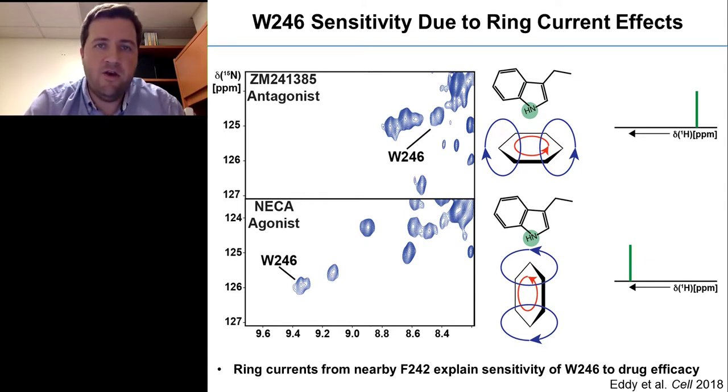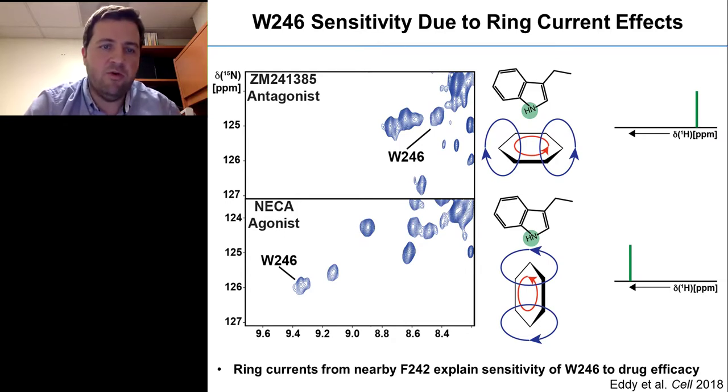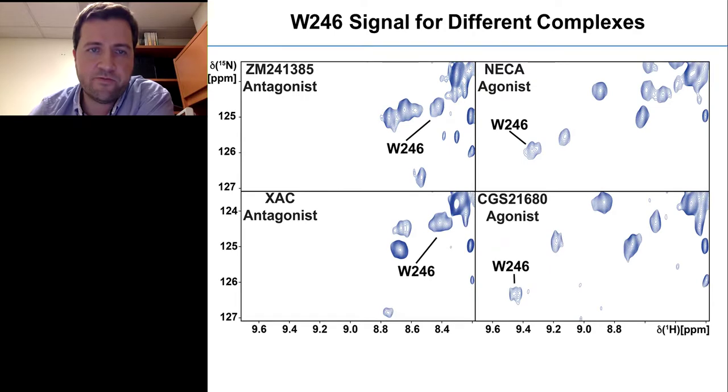If you have an aromatic group that is nearby an NMR probe, the relative position and orientation of that aromatic group can have a significant effect on the chemical shift of the observed NMR probe. This goes back quite a long ways in NMR spectroscopy. As illustrated here on the right in this cartoon, changes of the orientation and position of the ring relative to the NMR probe can have pronounced effects on the chemical shift of that probe.